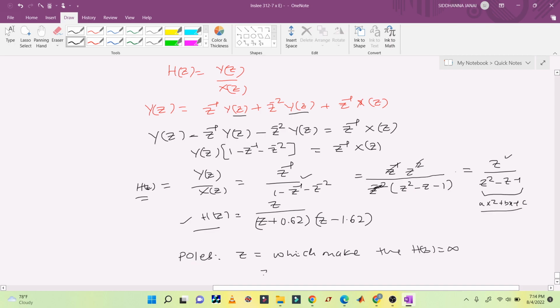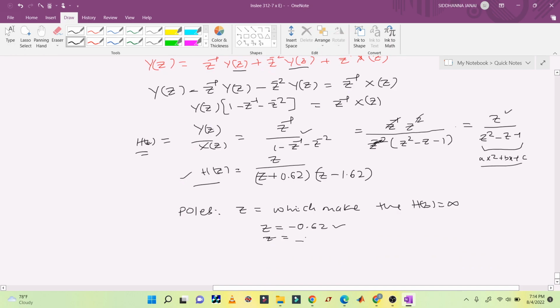If you substitute z is equal to minus 0.62, this is one pole which will make h of z infinity. Similarly, z is equal to minus 1.62 will also make h of z infinity. So these are the poles. Now when it comes to zeros, there is only one z in the numerator. So z is equal to 0. If you substitute, h of z will be 0 divided by anything, which is 0. So this is a zero and these two are poles.